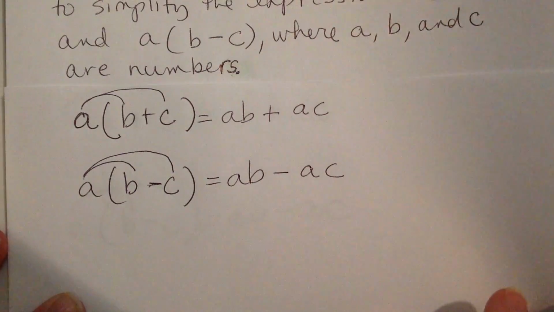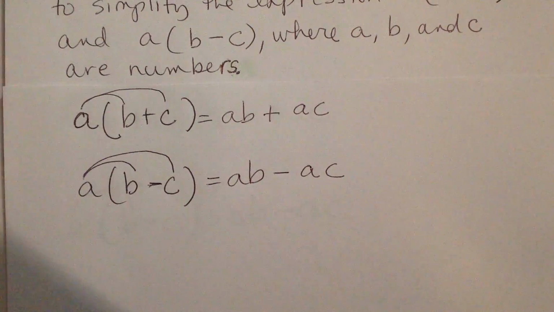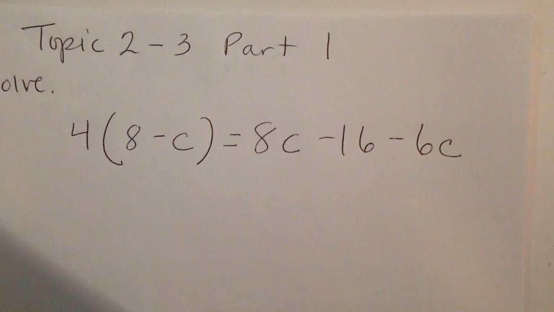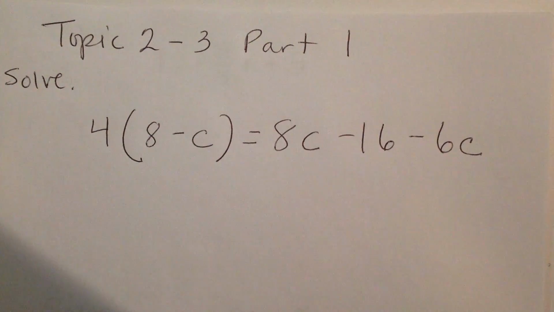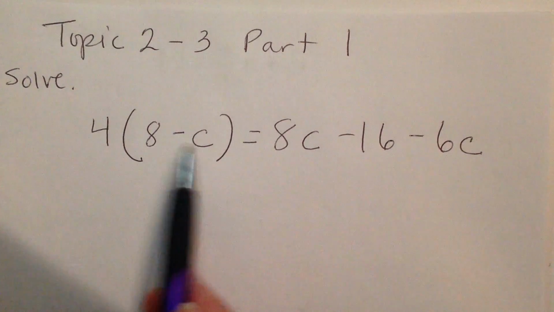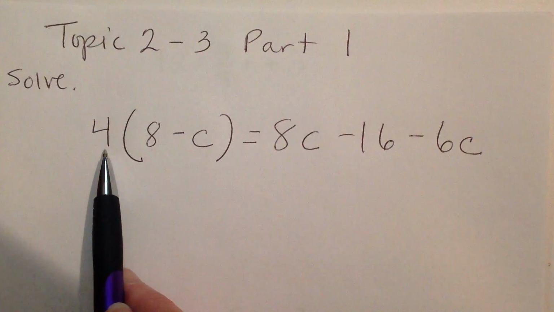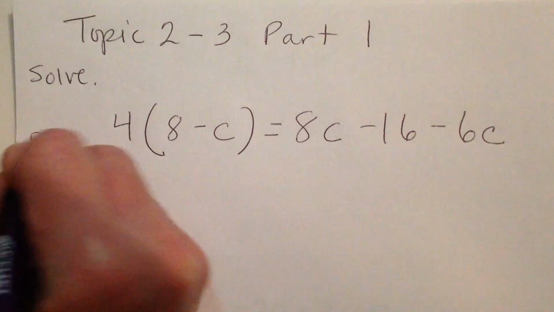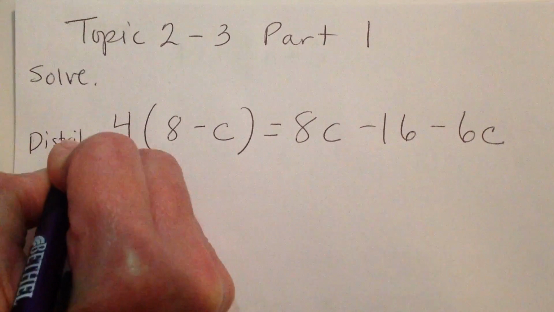Often we see distributing in equations. So let's look at this example here, and I want us to solve this example using the distributive property. I see in this problem that it comes with parentheses and a number out in front. So the first step in this problem is to distribute.